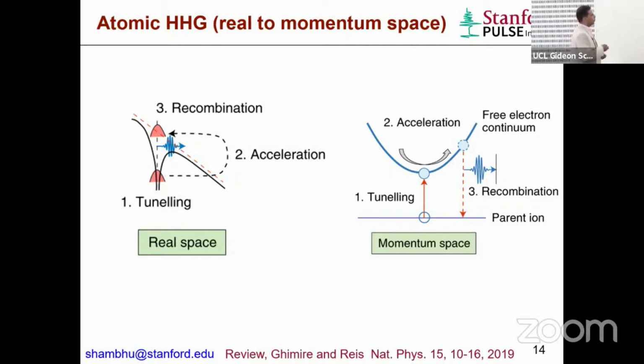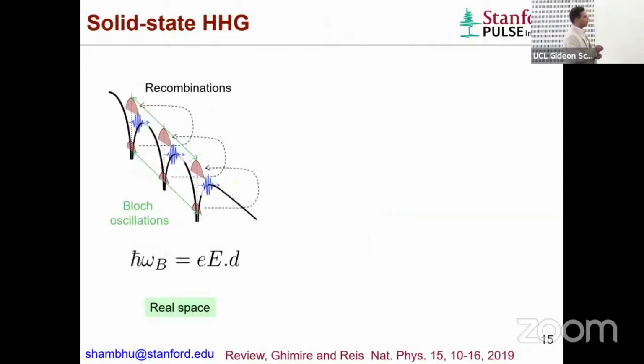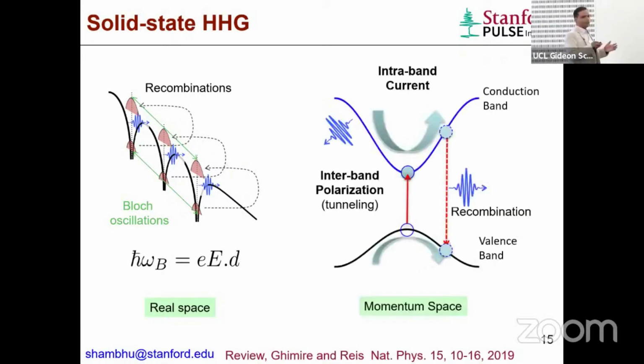So this becomes useful in solids. This was my version of a solid before I actually self-taught myself solid state physics. And this is after some teaching: you have this very simple description of a solid, just using two simple bands.